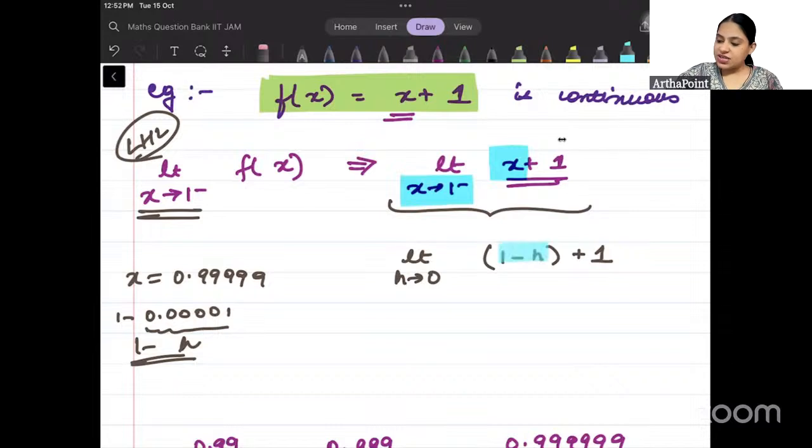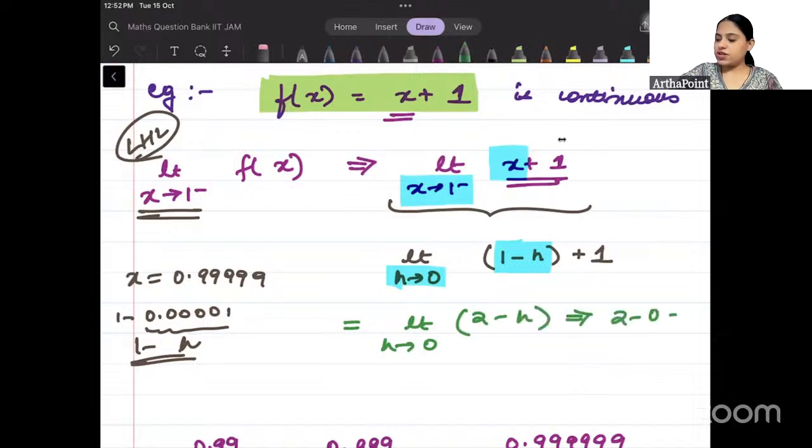It means it is taking some value lesser than 1. So it becomes 1 minus h and h approaches 0. Right? So you go ahead and you get limit h tends to 0, 2 minus h. And then you just plug h to be 0. So you get the answer as 2.